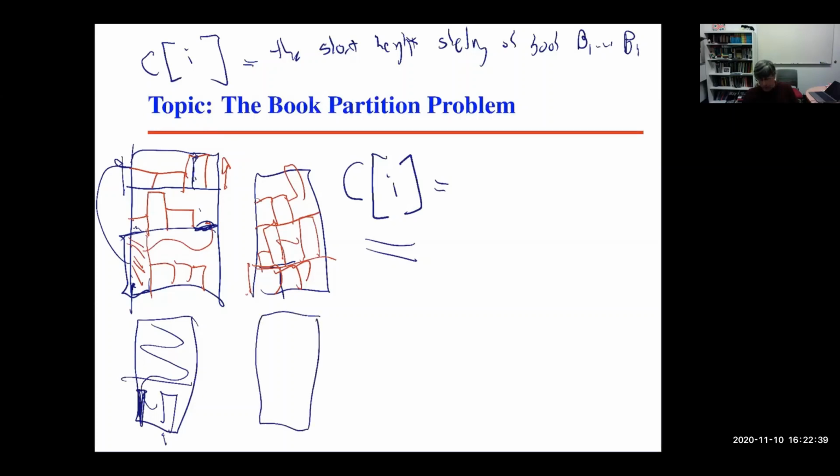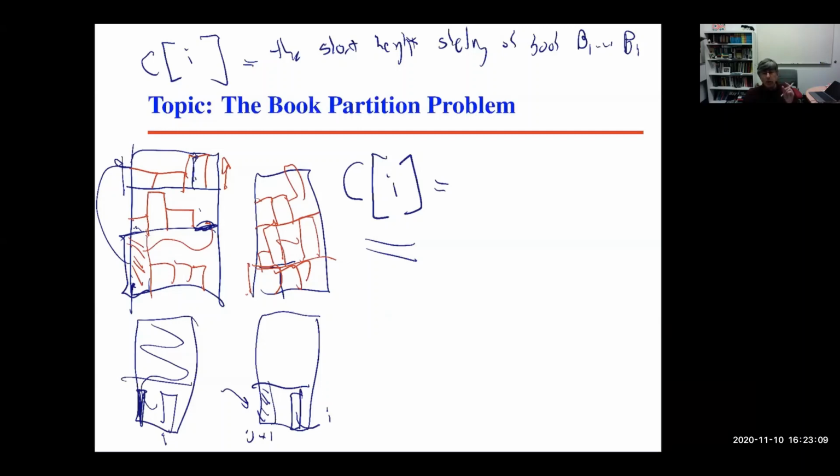We agree that in this thing, book I is going to be on the last shelf. What is the first book that's going to be on the last shelf? Can anyone tell me what book that is? I'm going to tell you that's book J plus 1.